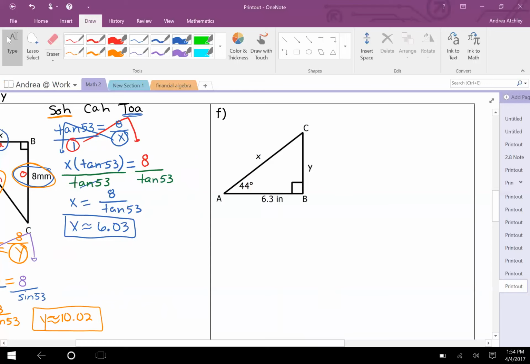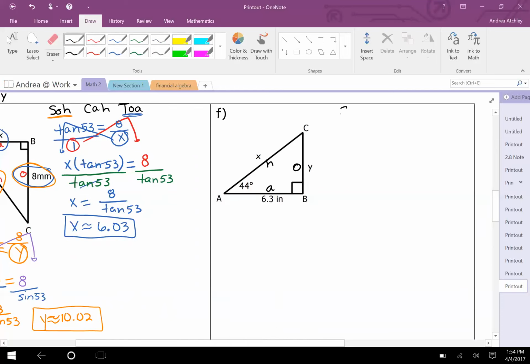Okay, Sydney, what's the opposite side? Dustin, what's the adjacent side? Okay, so that makes this the hypotenuse.